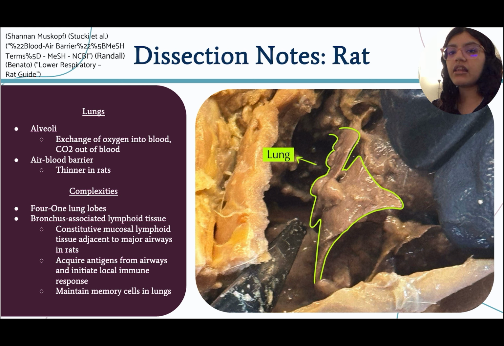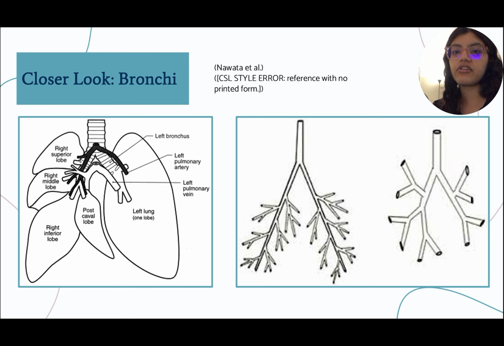And in the rat lungs, as stated before on the last slide, the number of lung lobes is different in rats. As you can see, on the right there are 4 lobes, whereas there's only 1 lobe in the left lung. This is unique for the rat because you don't really see that in any other mammal. And this makes sense because of the rat's size.